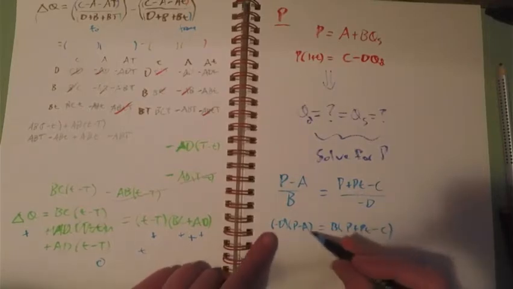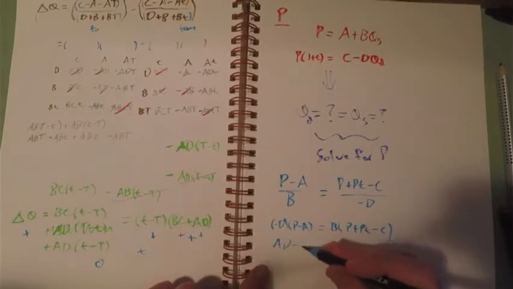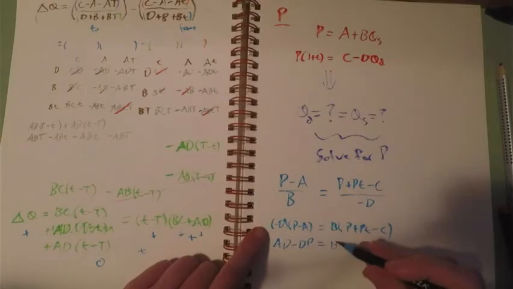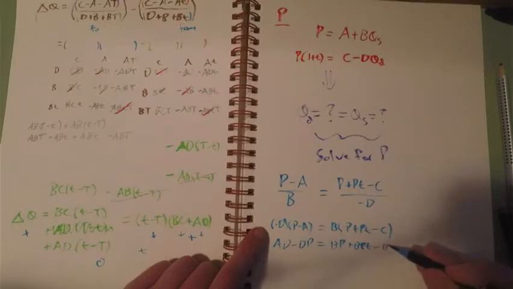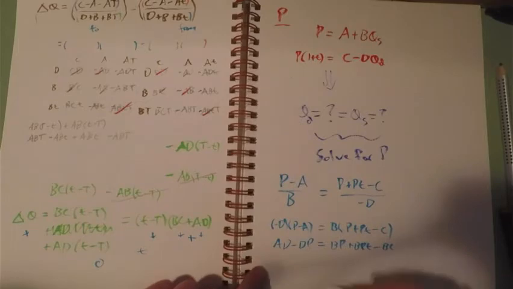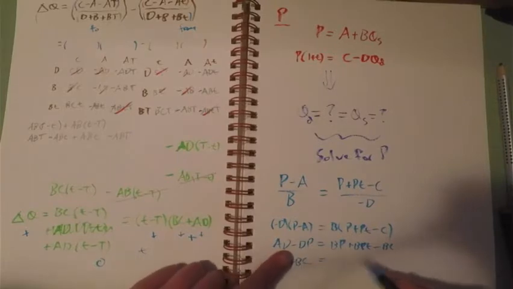What have we got? Minus AD minus DP equals BP plus BPT minus BC. Let's pull these P's together, so we'll add BC. AD plus BC equals all this stuff in terms of price.